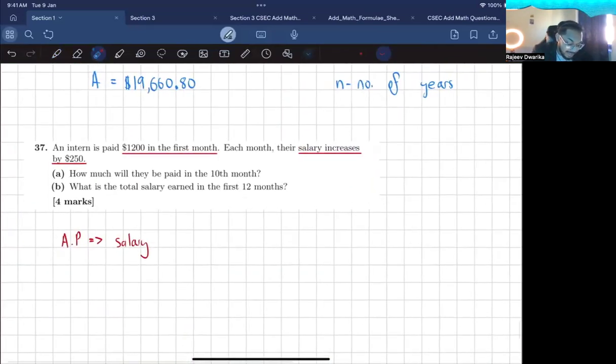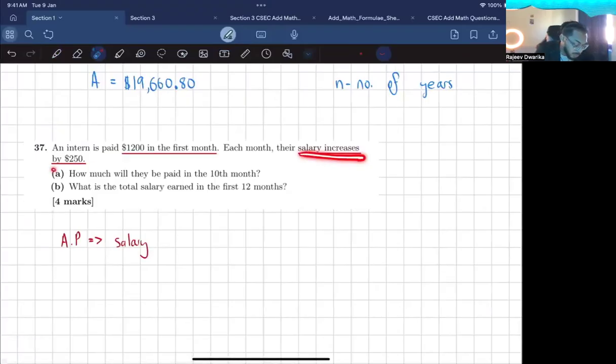Here, they're telling you it increases by 250. So every month her salary increases by 250. If it's increasing by 250, what are we doing to the salary every month? Multiplying, minusing, adding? Adding. So the common difference would be 250, because it's increasing by that amount.